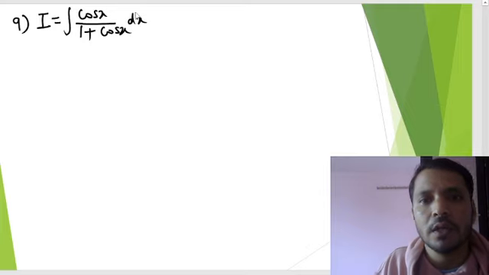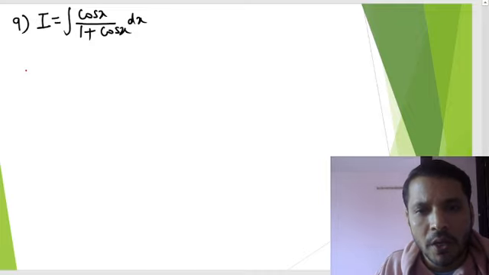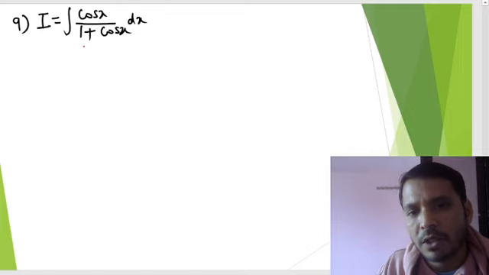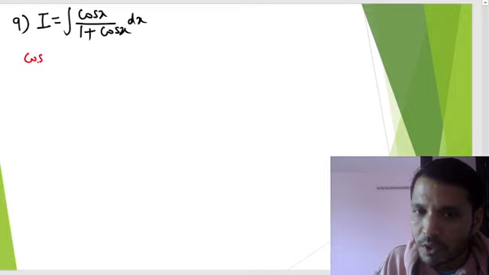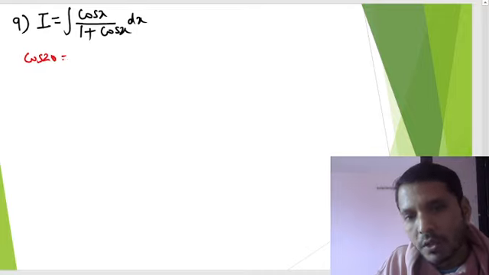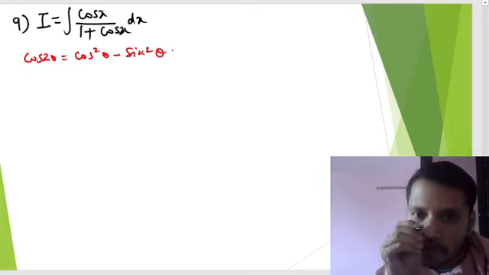So how can we integrate it here? Here we have to apply the same formula for the denominator part, 1 plus cos x, and for cos x we know that cos 2 theta is equal to cos square theta minus sin square theta from the compound angle.